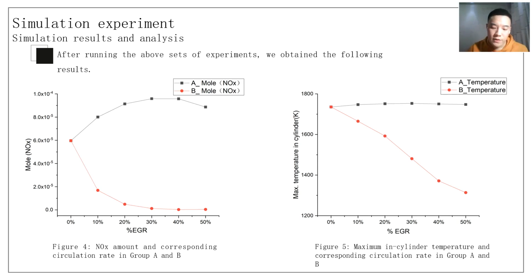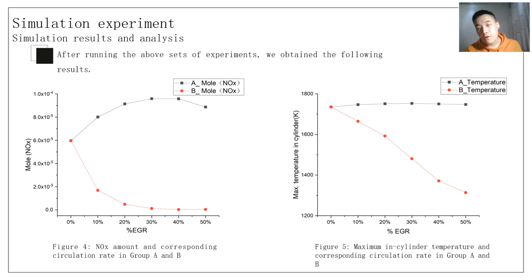It can be clearly seen that the in-cylinder temperature of Group A has been maintained between 1,700 and 1,800 K, and the temperature of Group B gradually decreases with the increase of exhaust gas recirculation rate.